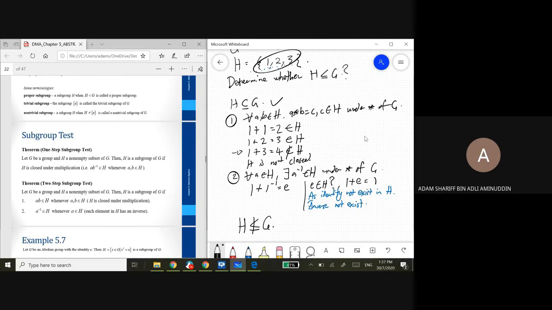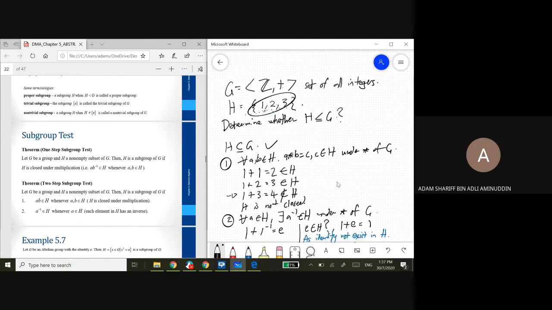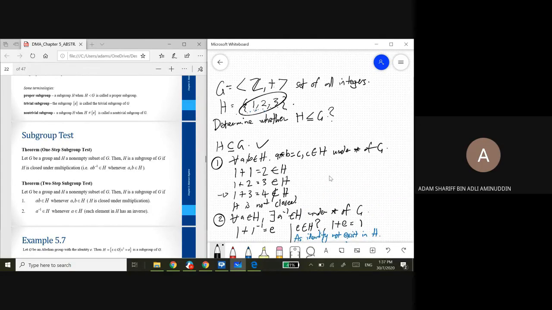Okay, let this idea sink in. Master the properties, please. If you master the properties, you can answer any of the questions if you think carefully. Okay, suppose I change the question a little bit. This question is already finished, the solution is already finished.